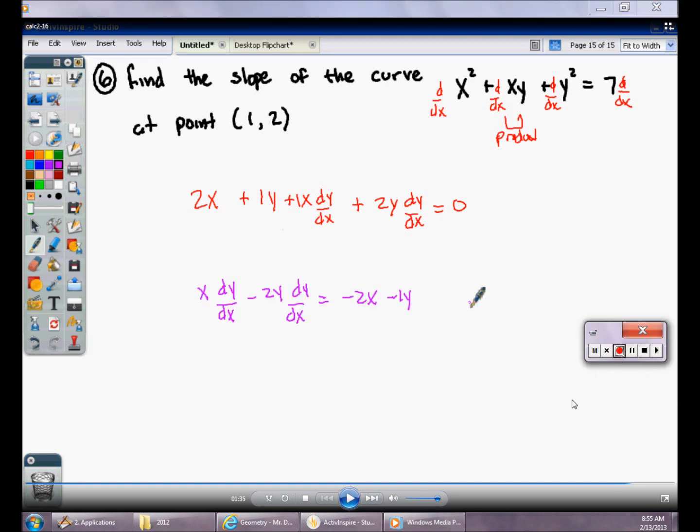I'm going to subtract 2x and subtract 1y to get x and y on the right. Divide by x plus 2y after I factored out dy dx, which I skipped there. And now I have my expression for the derivative.